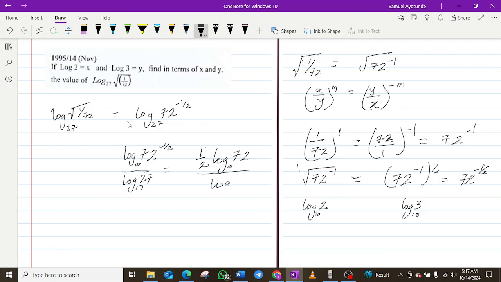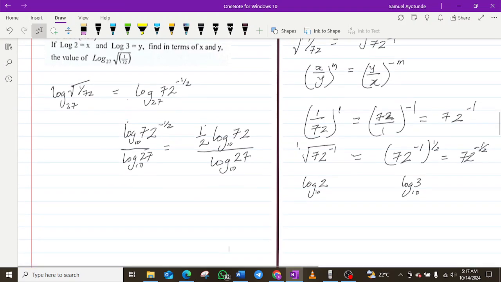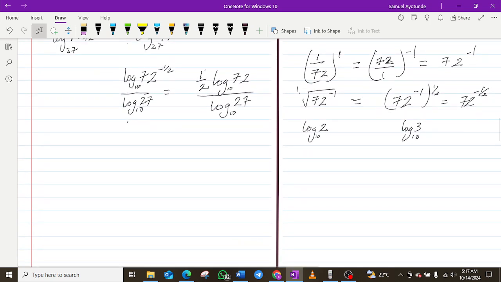Then log 27 base 10. Now from here, we can replace 72 with 2 raised to power 3 times 3 raised to power 2, the prime factors of 72, which is correct based on what we have here. Then all divided by 27, which is 3 to the power of 3.